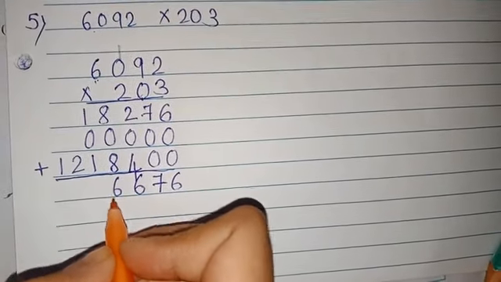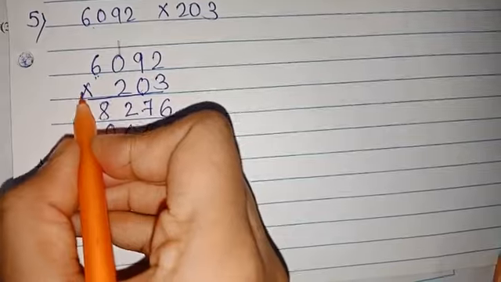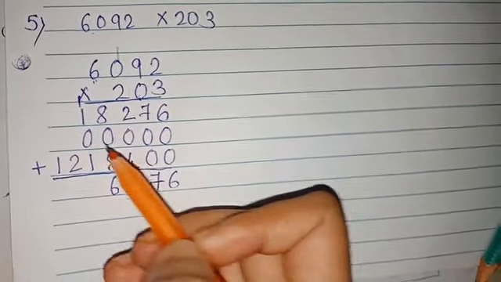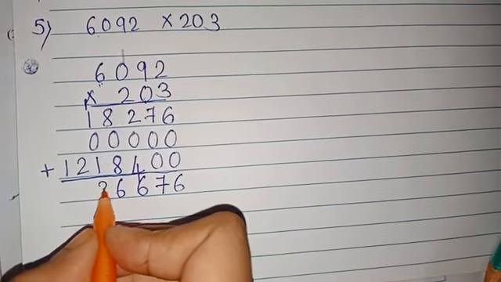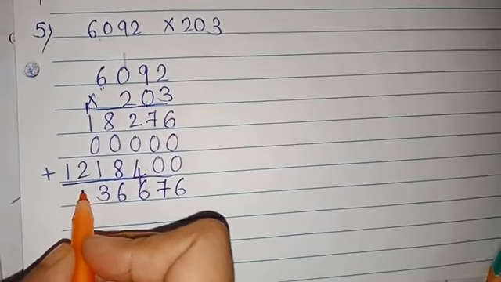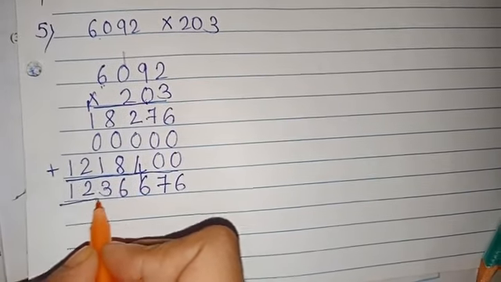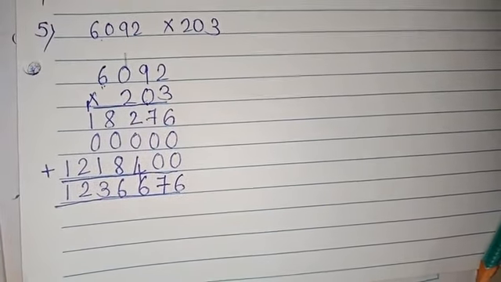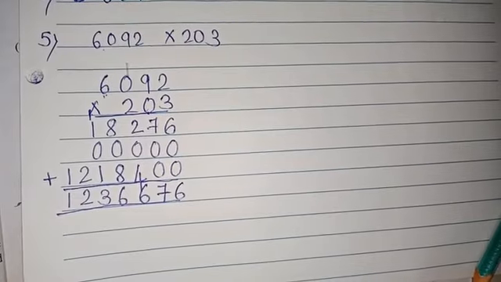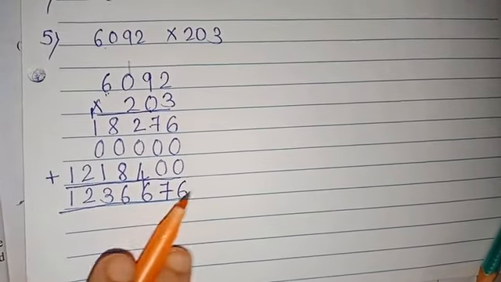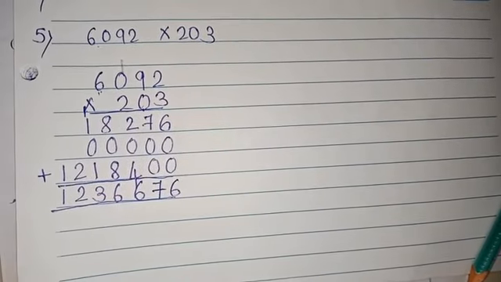So 6 will come here and carry forward 1. 1 plus 1 is 2, 2 plus 1 is 3. 2 will come as it is and 1 will come as it is. Done. So we get 12,36,676. Understood everyone?